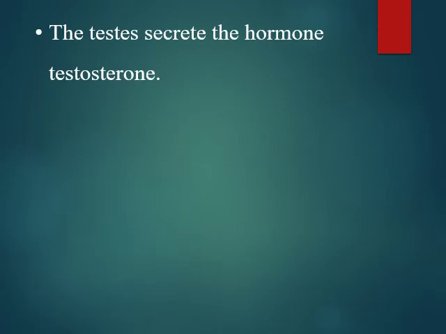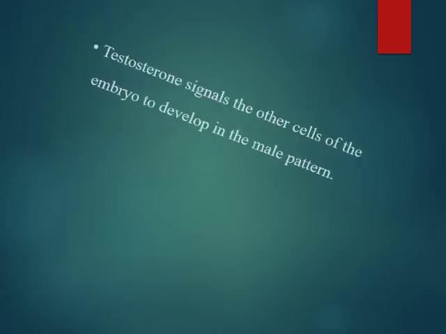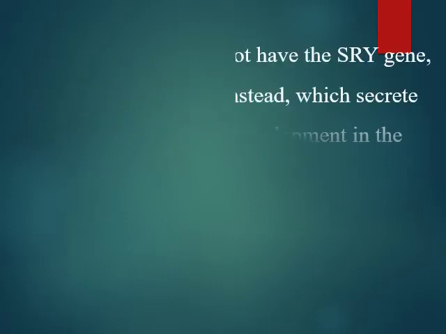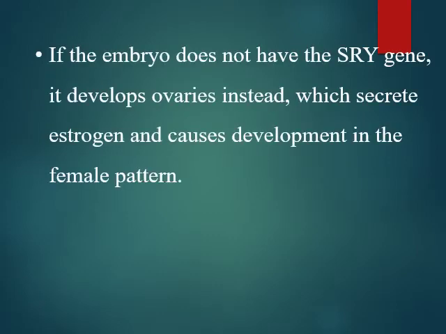The testes secrete the hormone testosterone, which signals the other cells of the embryo to develop in the male pattern. If the embryo does not have the SRY gene, it develops ovaries instead, which secrete estrogen and cause development in the female pattern.